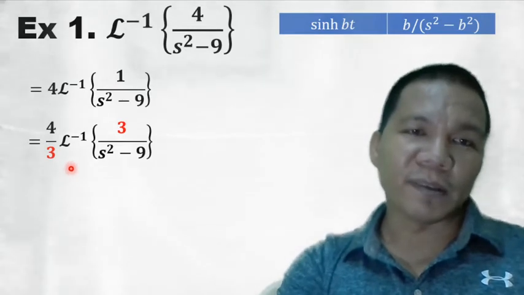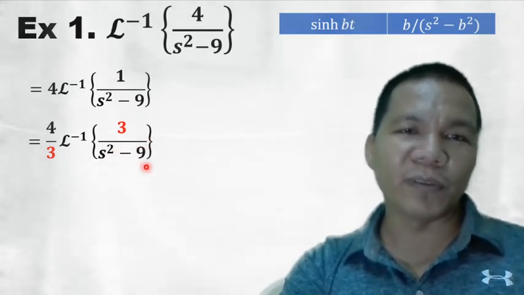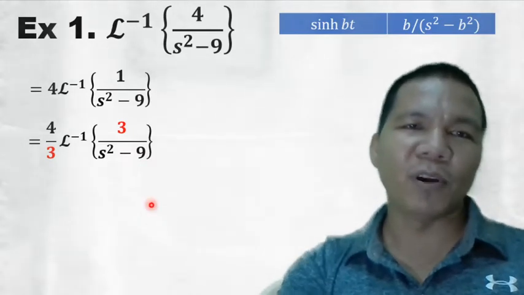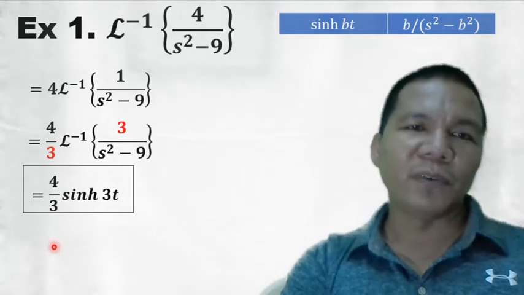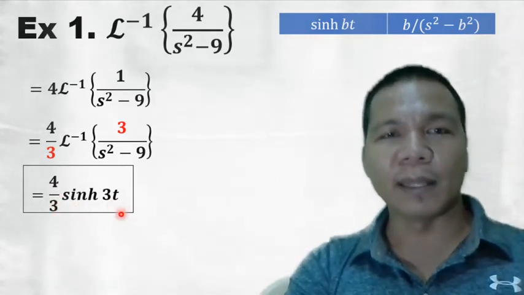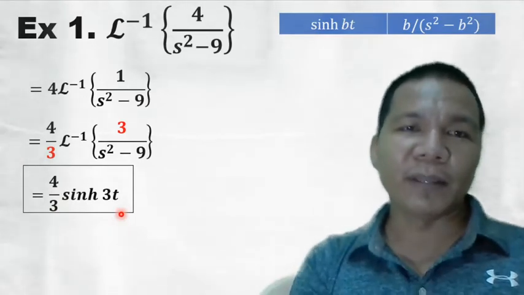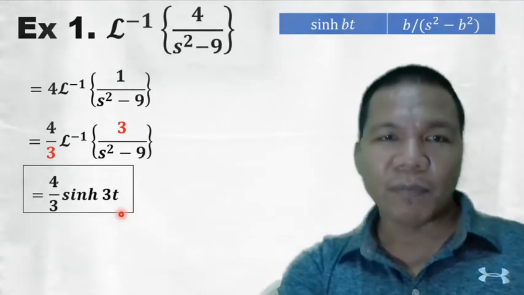Now, since the inverse Laplace transform of 3 all over s squared minus 9 is equal to sine hyperbolic of 3t, therefore, your final answer would be 4 over 3. That's 4/3 of sine hyperbolic 3t. So in this method, all you have to do is to familiarize the transformation pair.